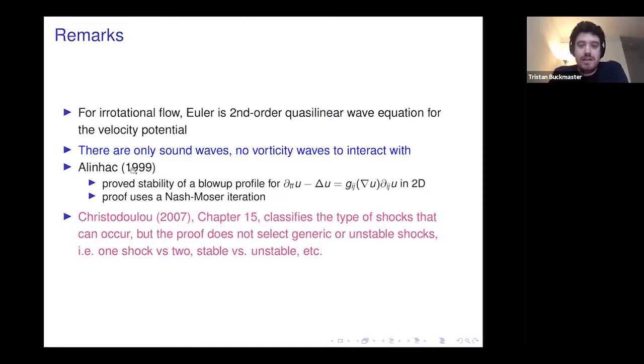There was prior work by Alinhac where they proved stability of a blow-up profile for 2D second order quasi-linear wave equations, which is somewhat similar in spirit to our work, but it doesn't cover the Euler case. And I just want to point out that in the last chapter of Christodoulou's book, he classifies what it means to be a generic shock, although they do not prove that a generic shock occurs.